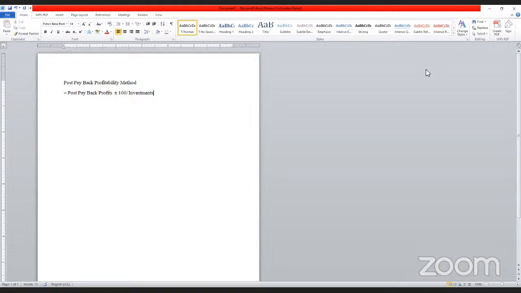Among them, the first is the post payback profitability method. If you remember, I told you one serious limitation of the payback period method is that it does not take into account the cash inflows earned after the payback period, so the true profitability of the project cannot be assessed.